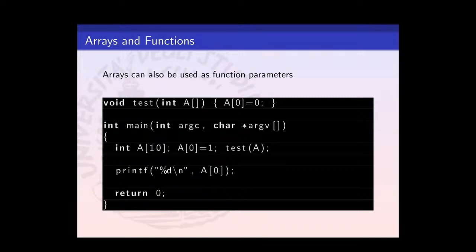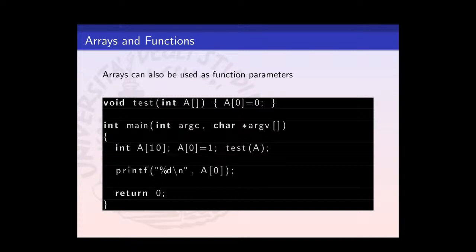What is nice about arrays is that you can also use them as a parameter for functions. For instance, let's have a look at the example on the slide. Here we have the main function.